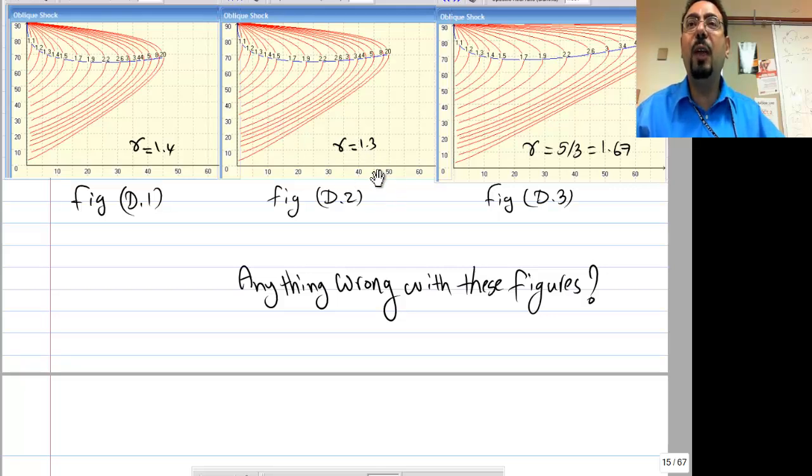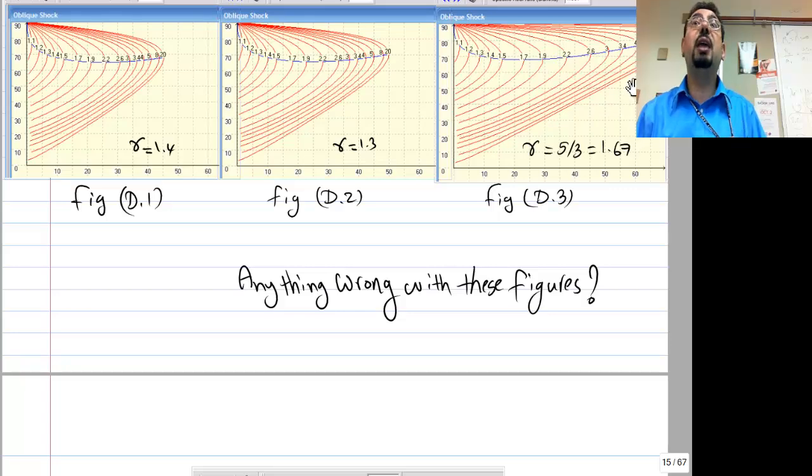If at 1.3 the maximum is almost 50, and at 1.4 the maximum is almost 45, at 1.67 one should expect the maximum not to be at 70. The fact that we don't see the nose doesn't mean it's not there. It basically says it's a little bit to the right, out of the chart. Based on that trend, Mother Nature should put it at, I don't know, like 35 or something. They're out of proportion.